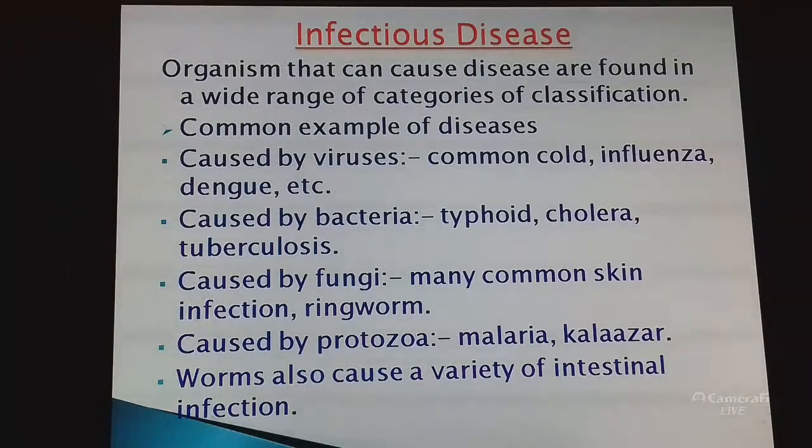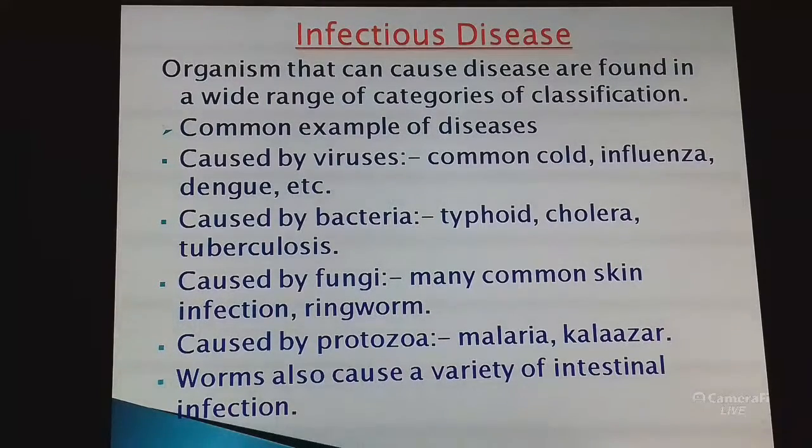Diseases caused by fungi: many common skin infections. Caused by protozoa: malaria, kala-azar. Worms also cause a variety of intestinal infections. These are examples of diseases caused by different types of microorganisms.